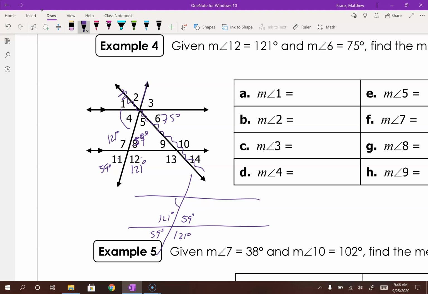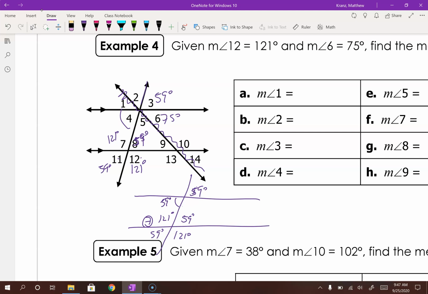So now, this right here, angle 4, that's this one. Angle 4 and angle 7 equal 180, or it's also 59 because it's corresponding to angle 11. Now, if you notice, angle 3, which is right here, those are vertical angles, so this will be 59 degrees. Now, this angle here is going to be 121 because that's corresponding.